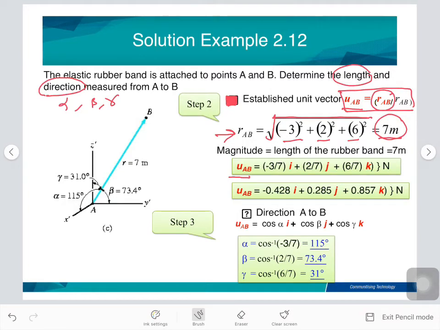Here you can solve in decimal. So it becomes like this.